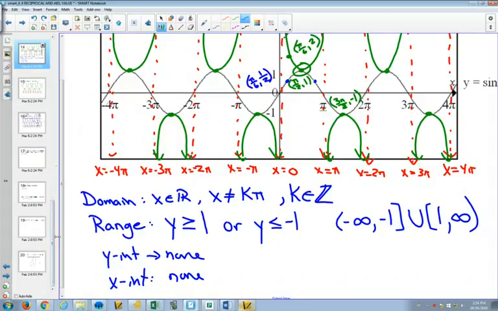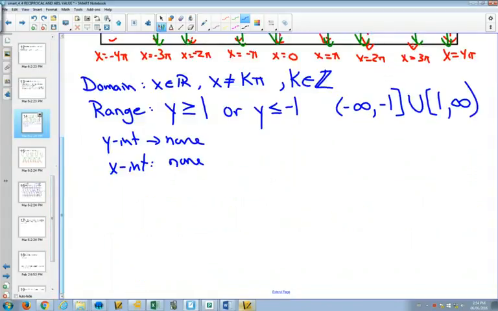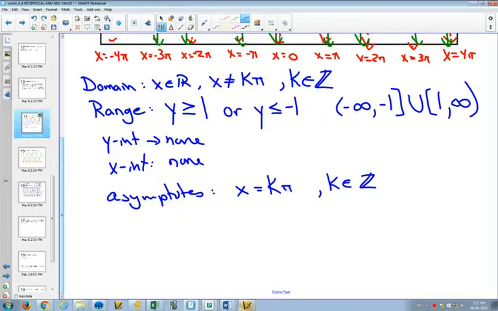Equations of asymptotes. Yes, we do have asymptotes. The equations of the asymptotes are all x equals k pi. Almost identical to the domain, right? But in the domain we say x can't equal. When we say the equations of asymptotes, we say x equals k pi, where k is an integer.